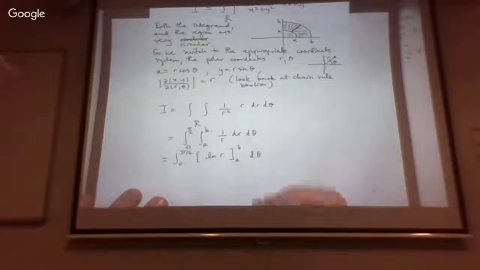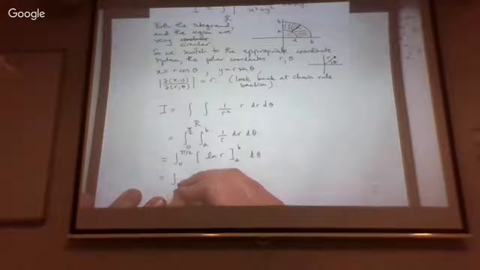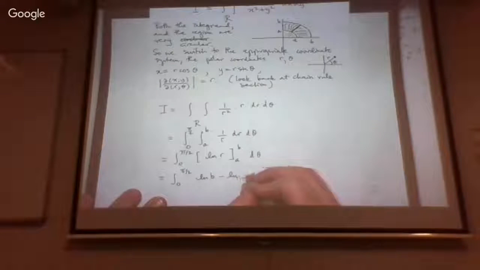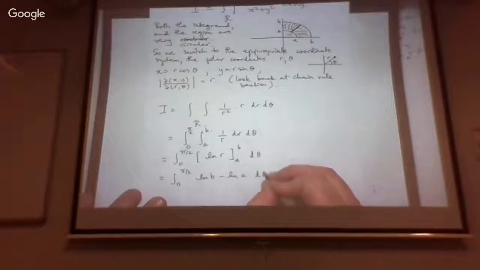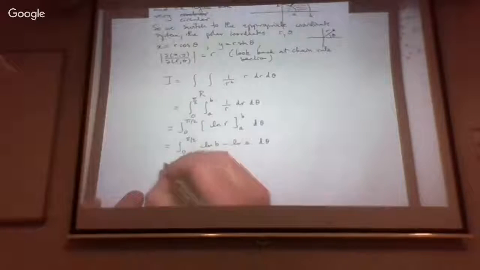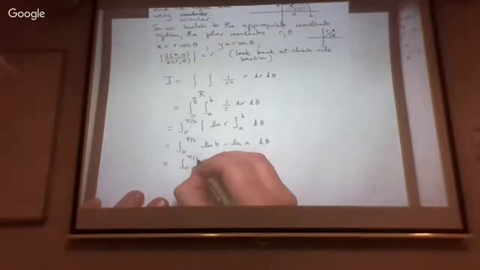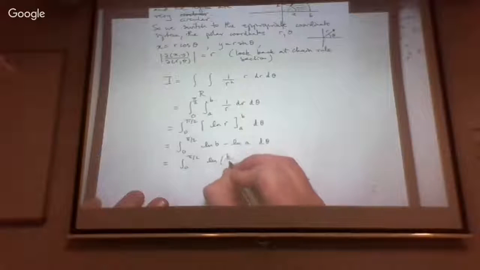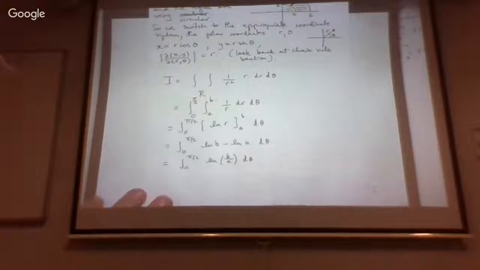We need to evaluate that at a and b. So we're just integrating 0 to pi over 2 times the natural logarithm of b minus the natural logarithm of a. Or in other words, the natural logarithm of b over a. Remember, a difference of logarithms is the logarithm of the quotient.